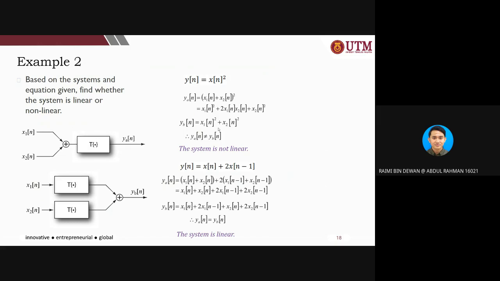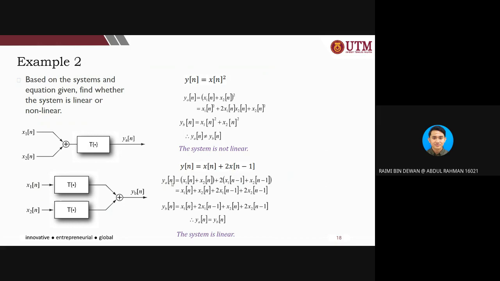If you see the outputs of both y_a and y_b are not the same, it means the system is not linear.